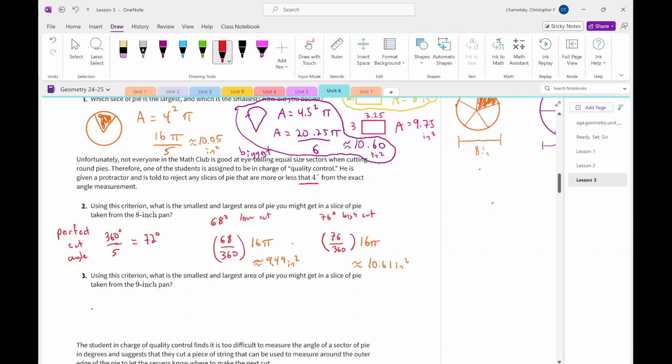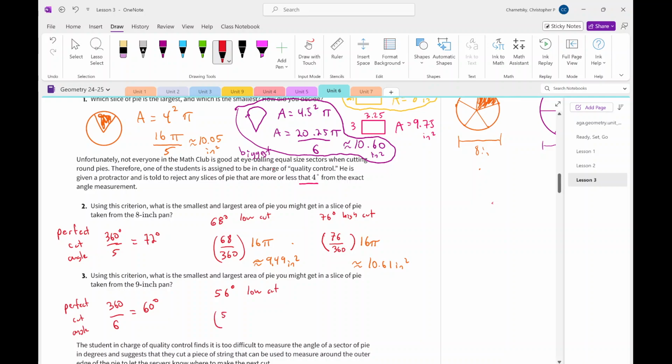Well, to do that, we're going to take 360 and cut it into 6, which gives us exactly 60 degrees for the perfect cut pie. Okay, so then we'll try our low end. That's going to be 56 degrees. And we can plug that into the formula.